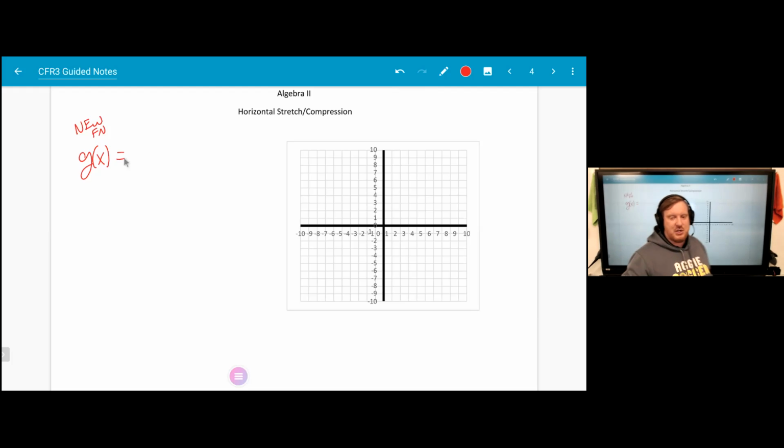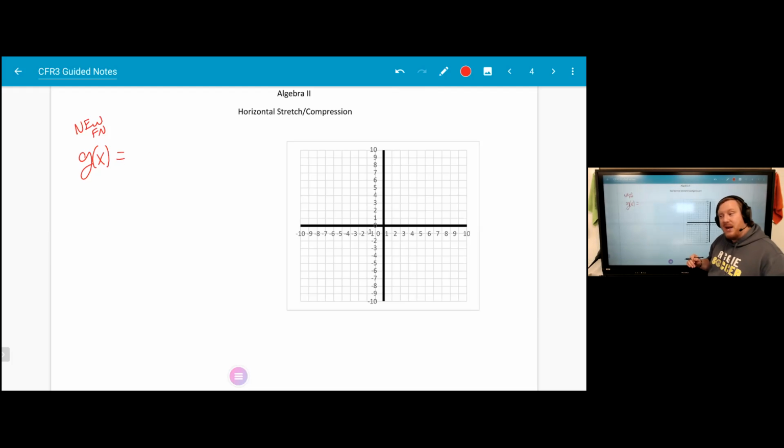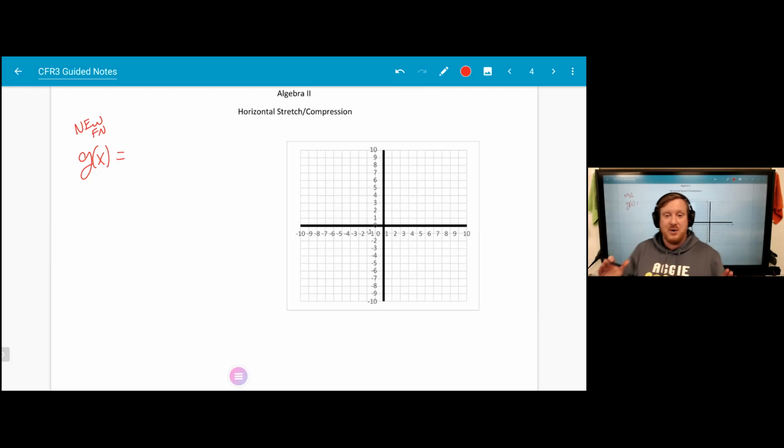Just like we had before, how that horizontal translation was inside the function, the horizontal stretch and compression also happens inside the function. On top of that, it makes sense that it's going to be multiplying inside the function because we're doing a stretch or compression.